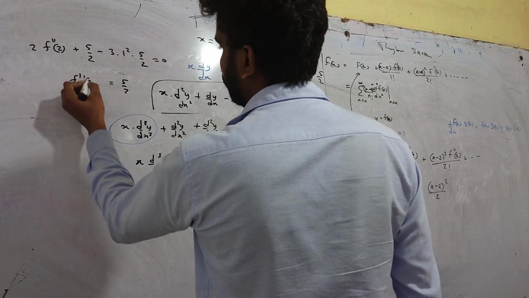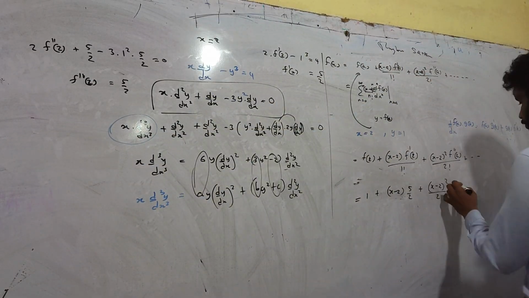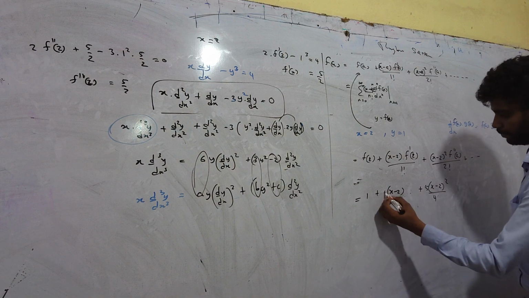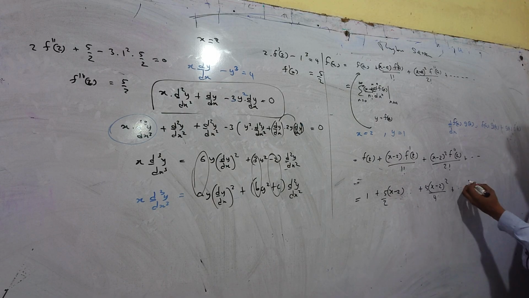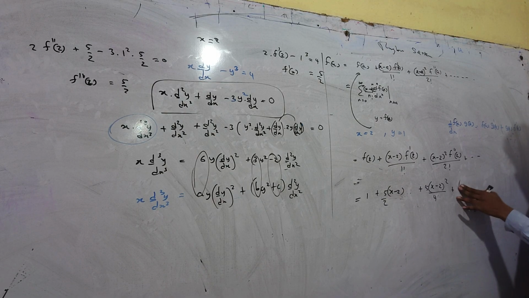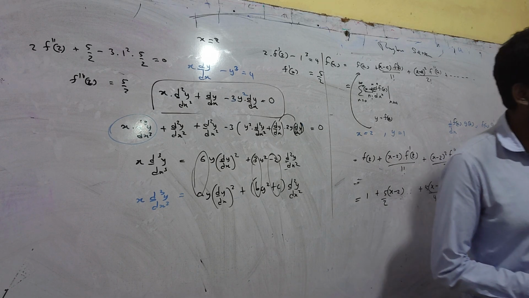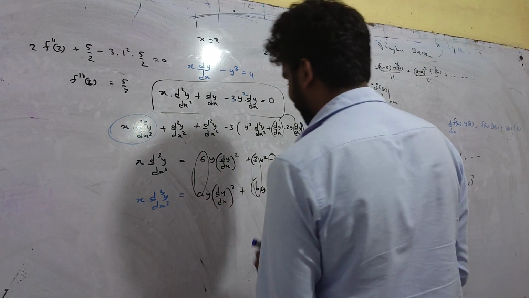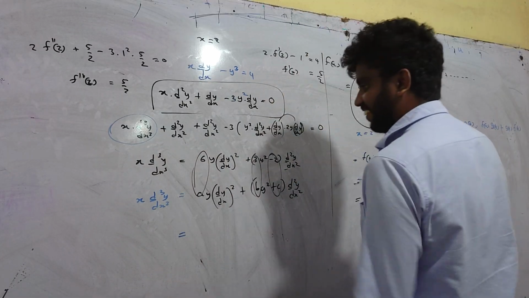Then 35 over 2. Okay, we'll use this one, 5 over 2.